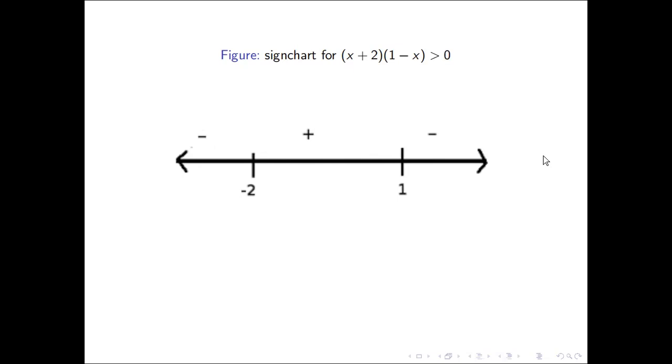So how do we determine the signs at each sub-interval? The sign at each sub-interval will be unique. What does that mean? If the sign is unique, we just need one test number to determine the sign. For example, let's take -infinity to -2.